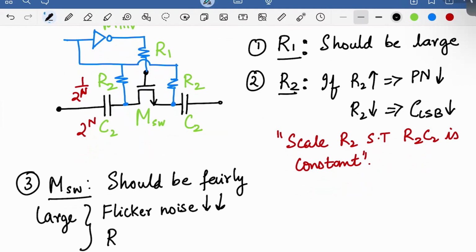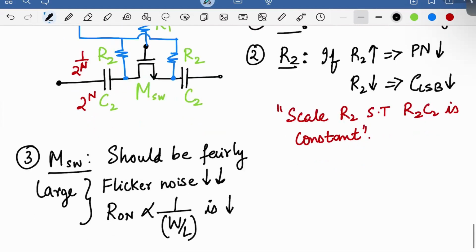And also on resistance is lower. So it's like a stronger switch basically. So the on resistance, if you remember, is proportional to 1 over the W over L ratio. So on resistance is also lower, so that also reduces the phase noise, especially the phase noise figure of merit. Okay. These two things are to keep in mind.